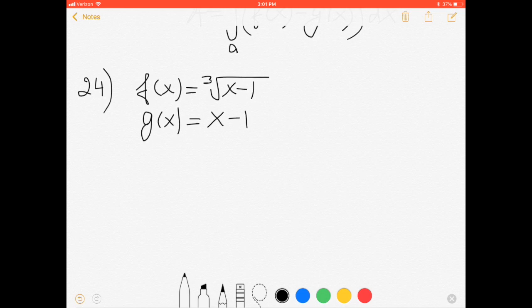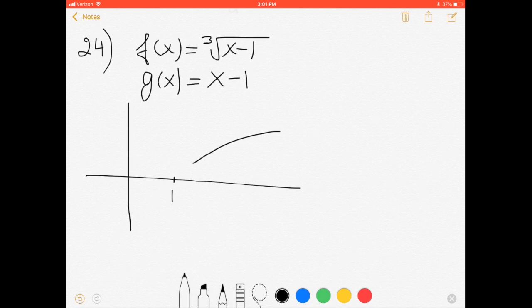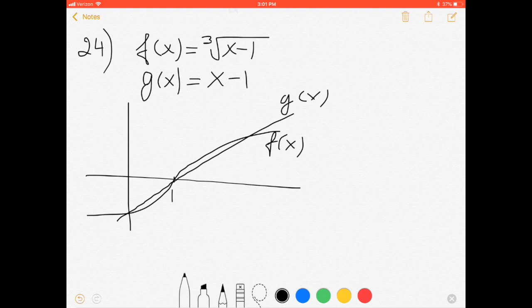If you see the graphs, this is point 1, this is my function f(x), and this is my function g(x). This means all the area will be two pieces.